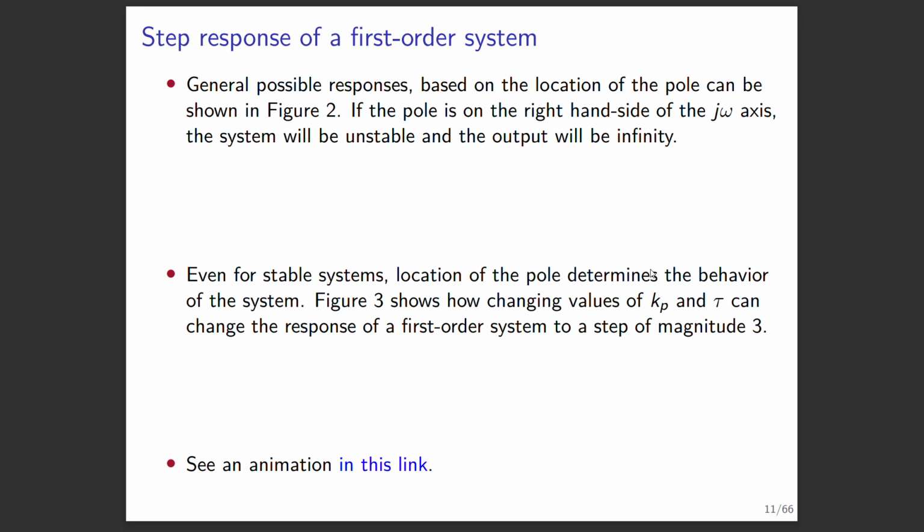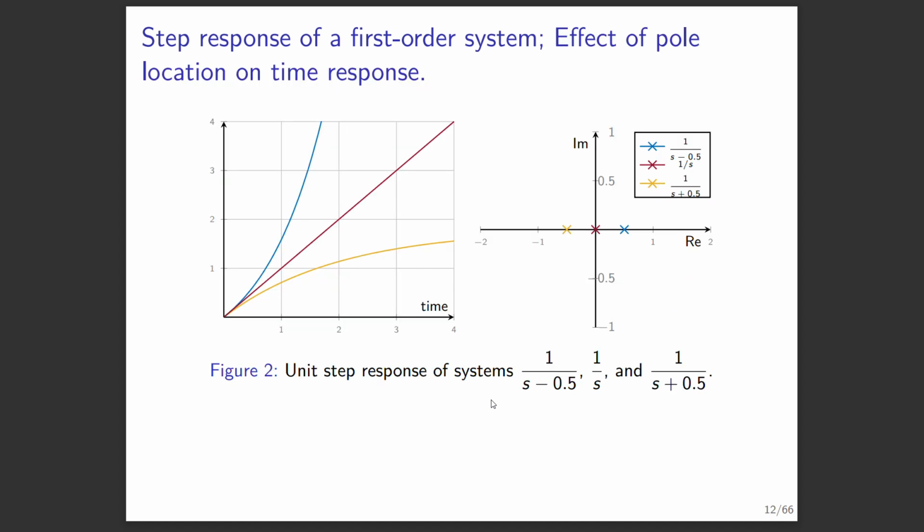So we are going to see general possible responses based on the location of the pole, and we are going to study them. I also recommend looking at this animation, the link for first-order systems and how they respond if you change the time constant. It's very interesting, so I recommend looking at it. But yeah, so we see 3 graphs here.